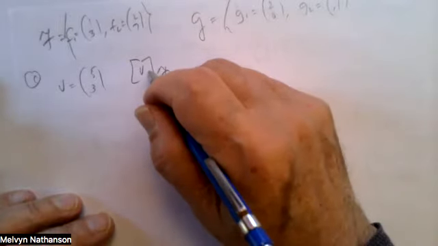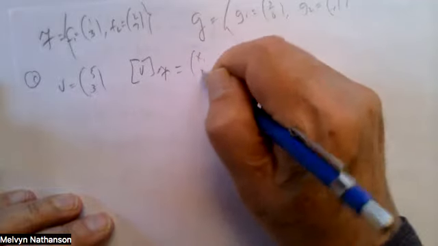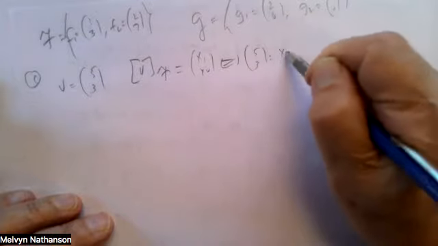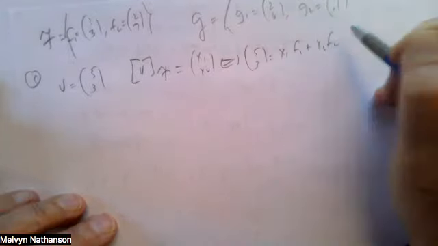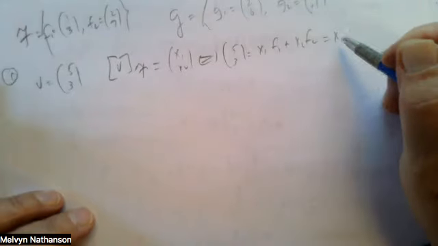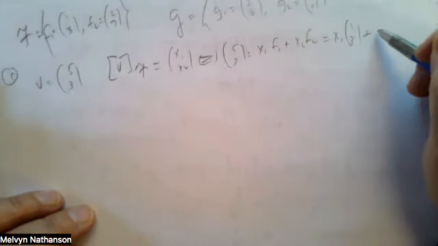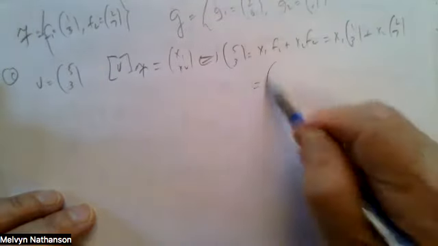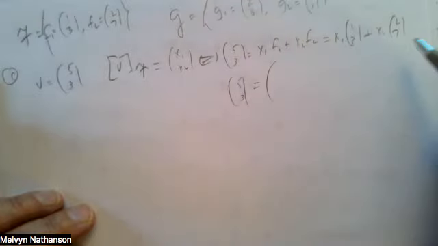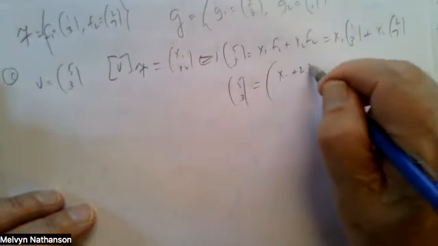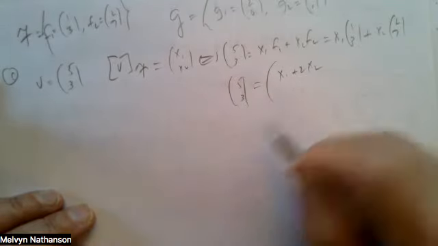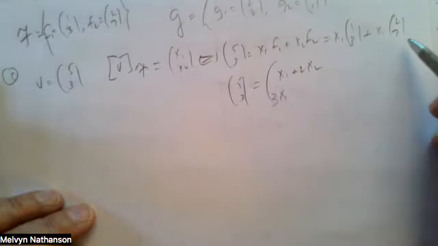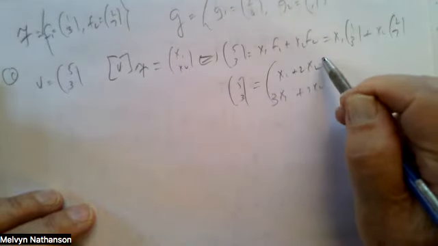So if the coordinate vector for V with respect to F is x1, x2, this means that 5, 3 is x1 f1 plus x2 f2. That is x1 times 1, 3 plus x2 times 2, 7, which is x1 plus 2x2, 3x1 plus 7x2.